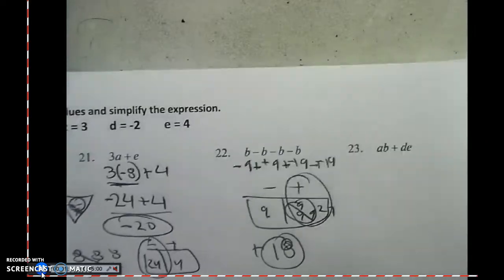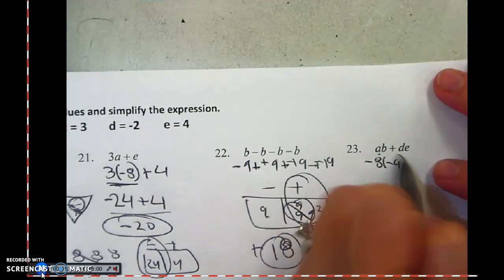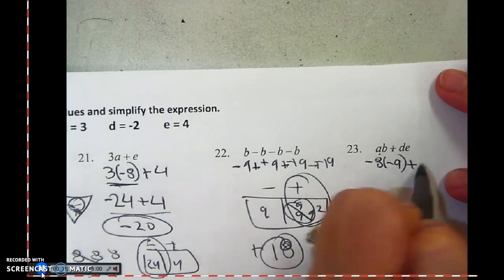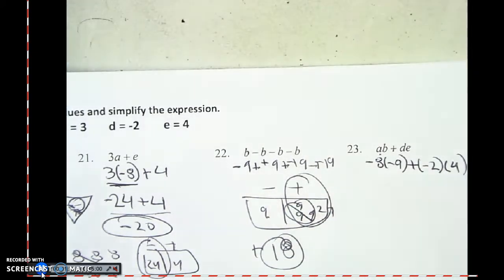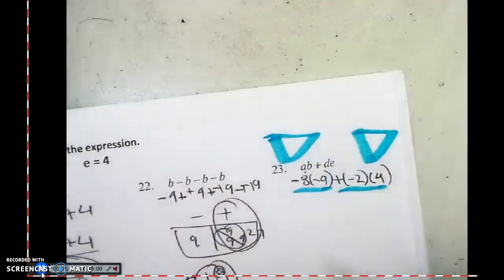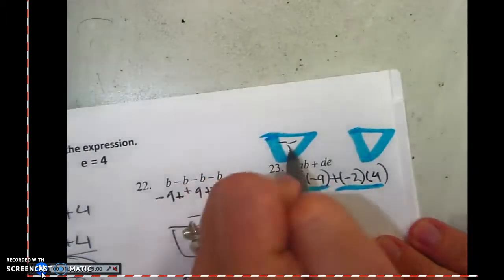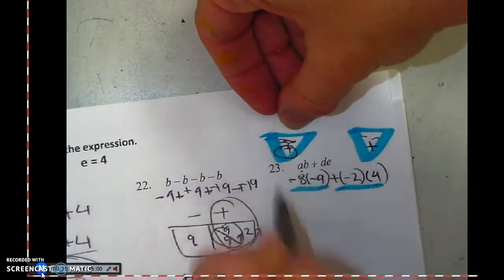All right, next one, AB. A is -8 times -9 plus -2 times 4. All right, so I'm going to triangle this, and I'm going to triangle this. Negative, negative, positive, negative, negative, positive, negative, negative, positive.